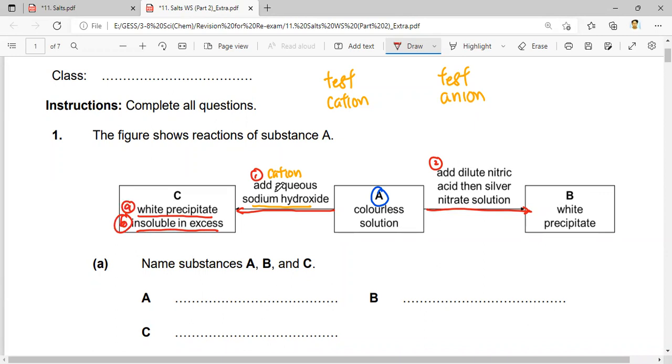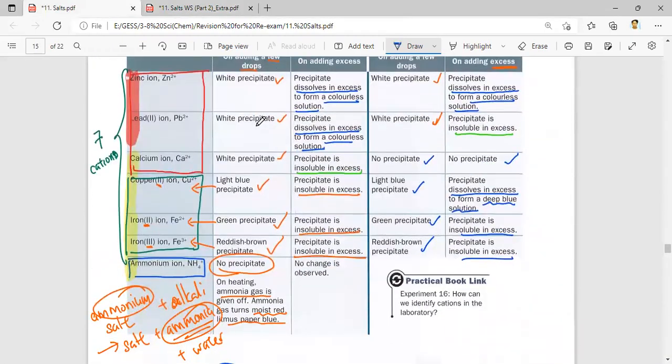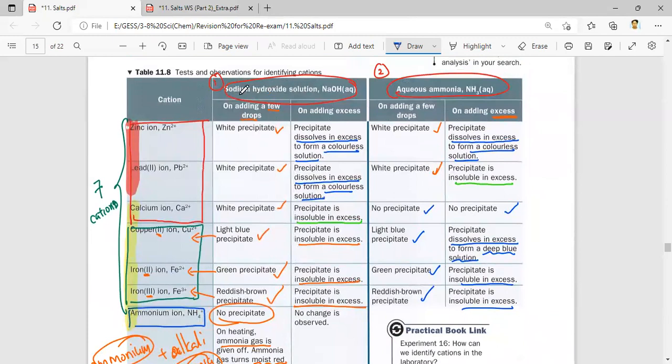So sodium hydroxide, test for cation. White precipitate, insoluble in excess. They say, how do I know what it is? You refer back to the table. So I know it's at sodium hydroxide over here. White precipitate only is zinc, lead, or calcium.